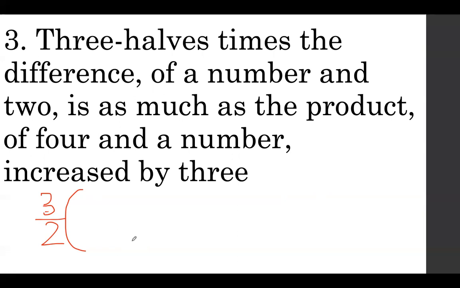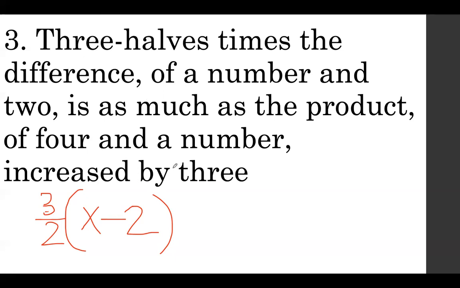So when it says of a number and 2, it means we're going to take x and we're going to subtract 2. So whatever order it states after the word difference is the order in which it should be written. And then we're going to close off our parentheses. So 3/2 times the difference of a number and 2.